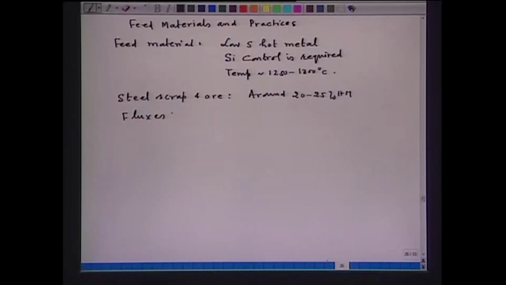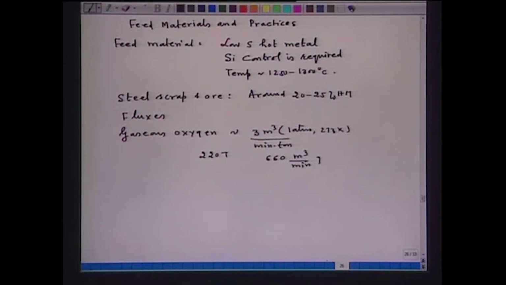We also use fluxes, lime, magnesia sometimes, depending. Then of course, gaseous oxygen, approximately 3 meter cube at 1 atmosphere and 273 Kelvin per minute per ton, and if you have a capacity of, for example, 220 tons, then we require 660 meter cube per minute of oxygen.